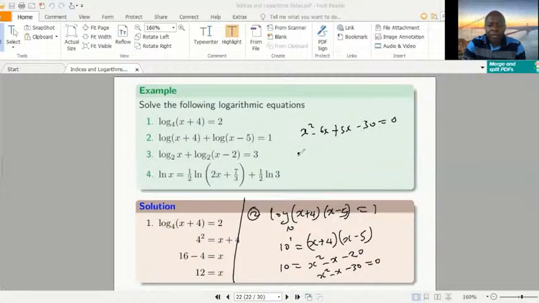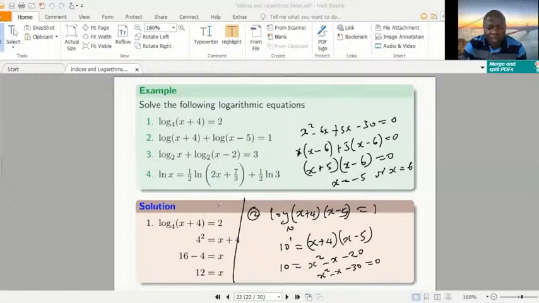Then x plus 5 into x minus 6 is equal to 0. So x is negative 5 or x is 6.